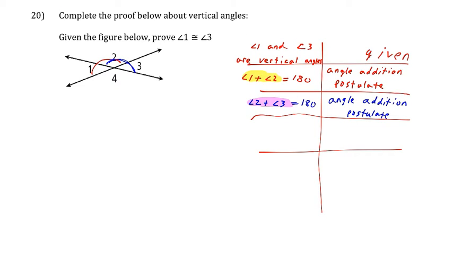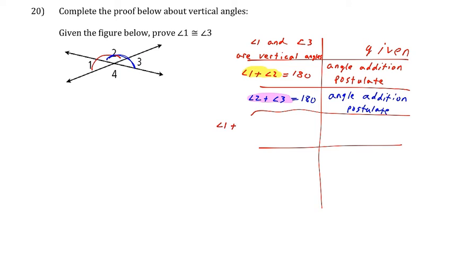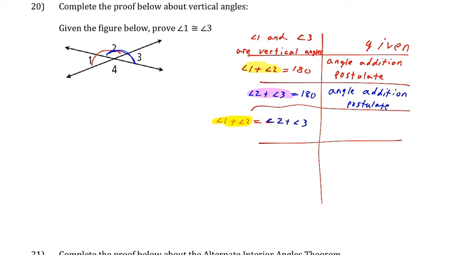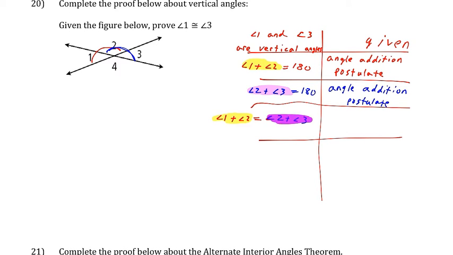So I'm going to write that angle 1 plus angle 2 equals angle 2 plus angle 3. It's kind of like the yellow blob was equal to 180, and the purple blob was equal to 180, so they should be equal to each other.